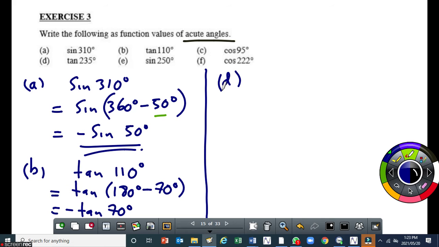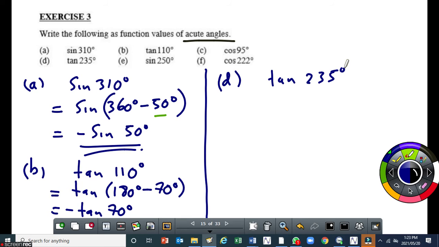All right, then G, so we have got tan 235 degrees. In which quadrant is 235? Third. Don't worry, I'll go over it. Generally, I don't like to do the question because of time constraints, but I will do it for your sake.